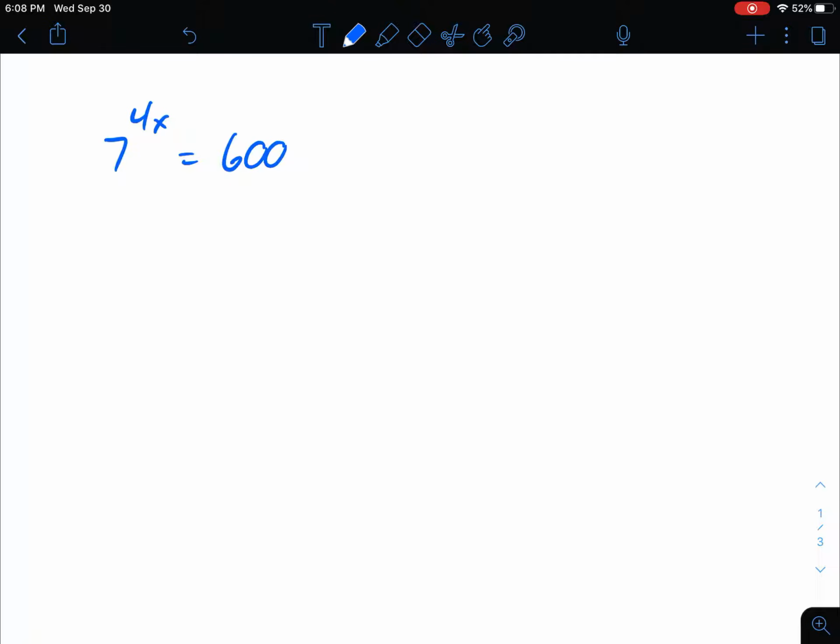Sometimes, if you can get them both to the same base, like say you had an example like this, then if they both have the same base, like these both have a 7, you could just say that 4x has to equal 3, and then you could solve it. But there's no way that I can turn that 600 into base 7 easily. So I have to use logs to solve this equation.